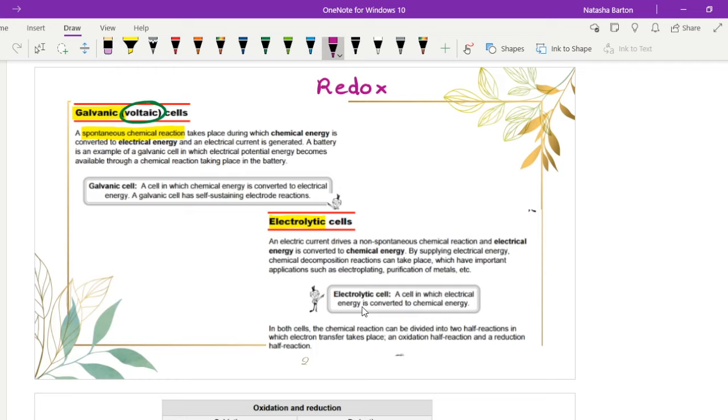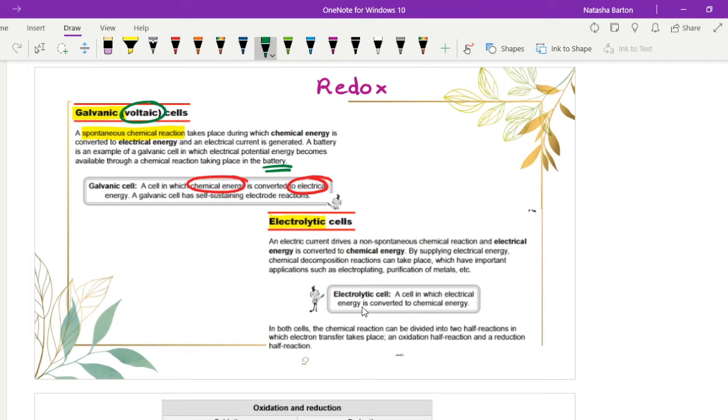We don't need to provide, for example, a battery or cell to complete the circuit and force the reaction to take place. The second thing that is important about a galvanic cell is that chemical energy is converted to electrical energy. This should remind you of something that you've been dealing with since grade 10, and that is the battery.